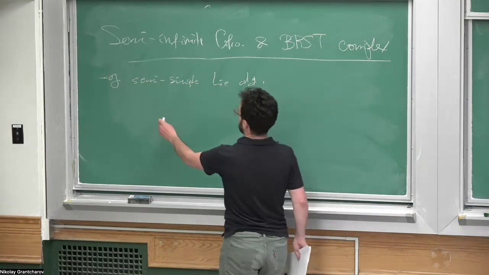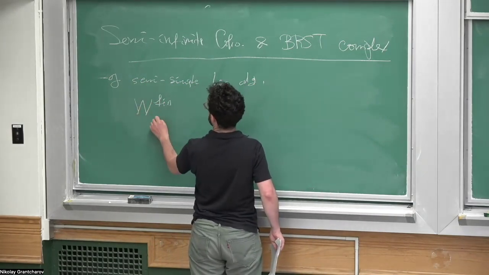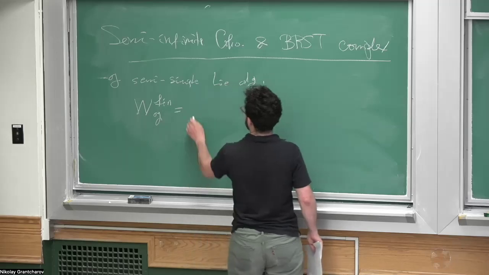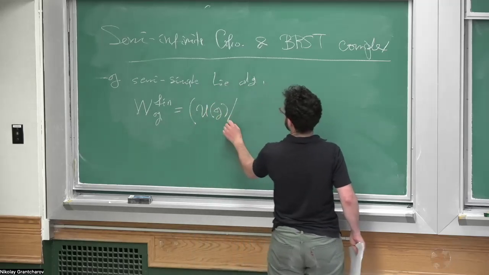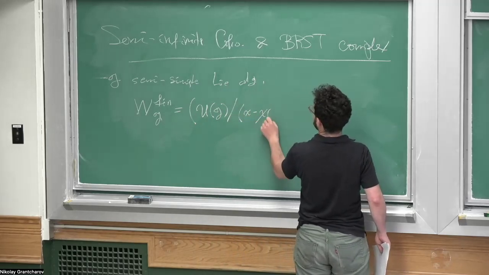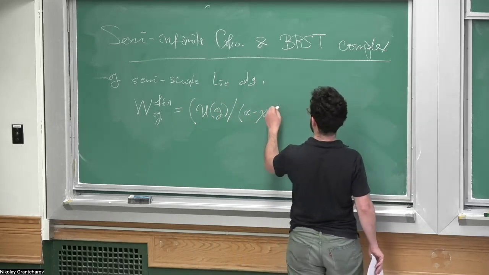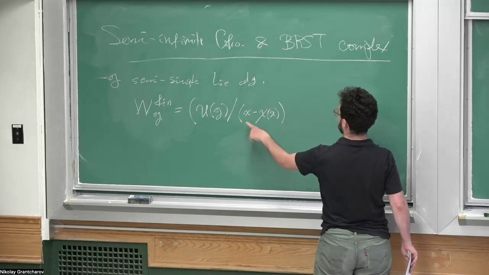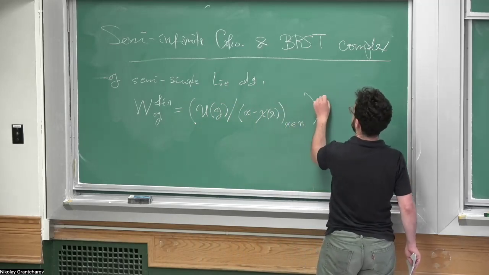We had a definition of the associated finite W-algebra, given by starting with the universal enveloping algebra and then making the action of the unipotent radical be given by some character, and then taking N fixed points.